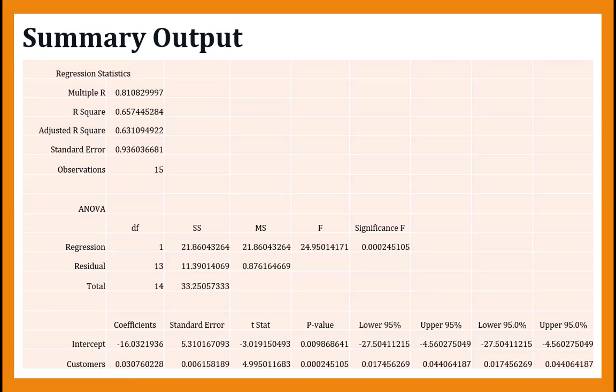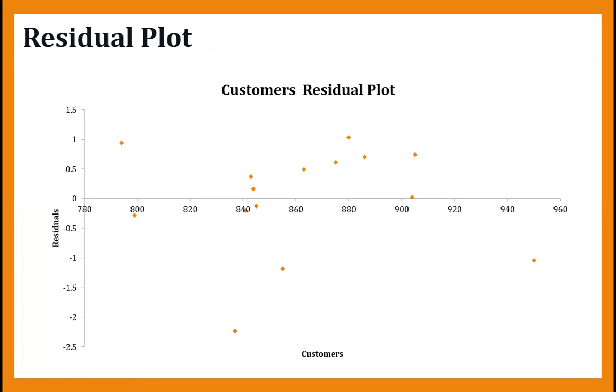However, before using this model for prediction, we must perform the residual analysis. Because the data have been collected over a consecutive period of 15 weeks, in addition to checking linearity, normality, and equal variance, we must investigate the independence of error assumption. To do that, we need the residual plot.